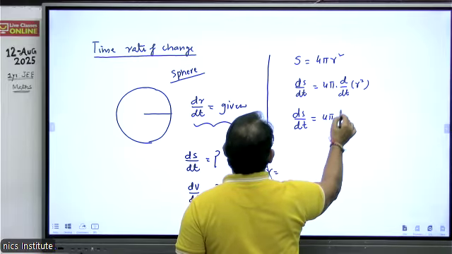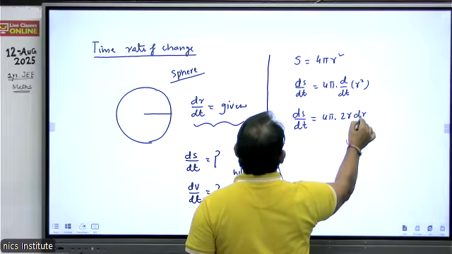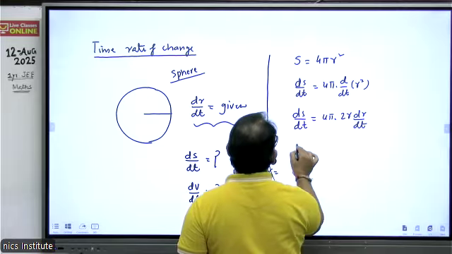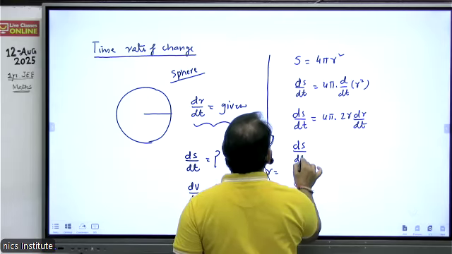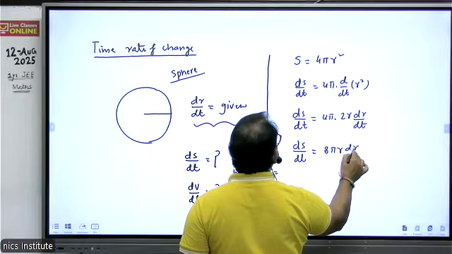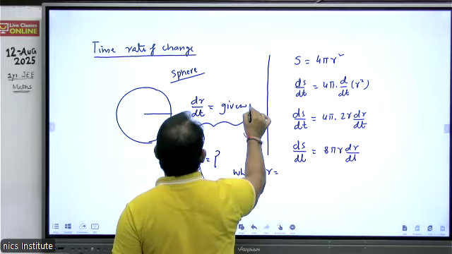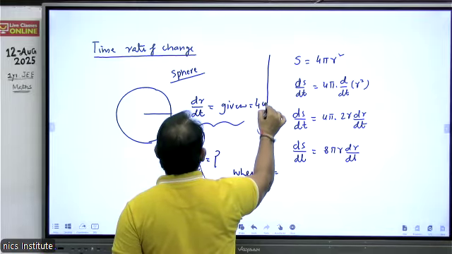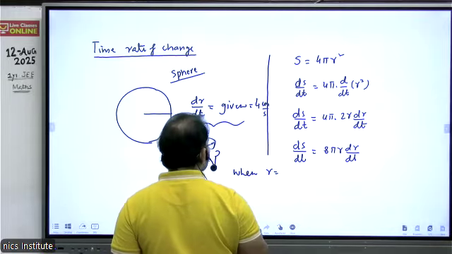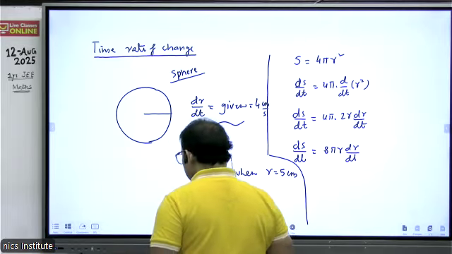So if you differentiate r square with respect to t, it will be 2r dr by dt. As a result, dS by dt will be 8 pi r into dr by dt. So maybe this has been given as 4 centimeter per second, and the question is find dS by dt when r is 5 centimeter.